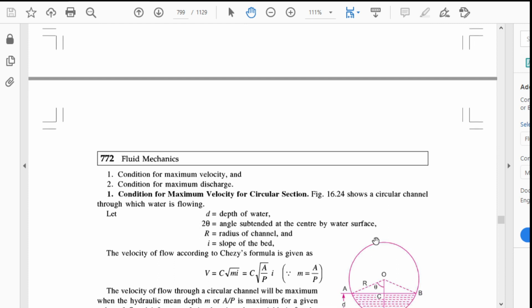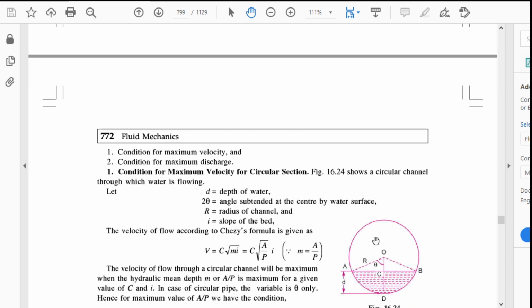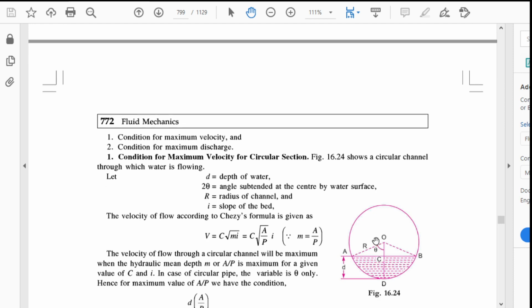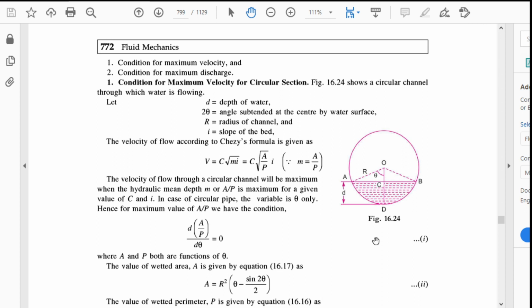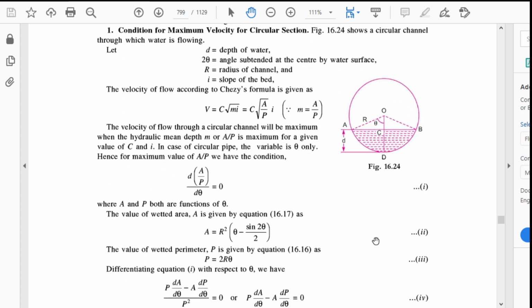First is the condition of maximum velocity and the second is the condition for maximum discharge. We'll move to the first condition, the condition for maximum velocity for a circular section.